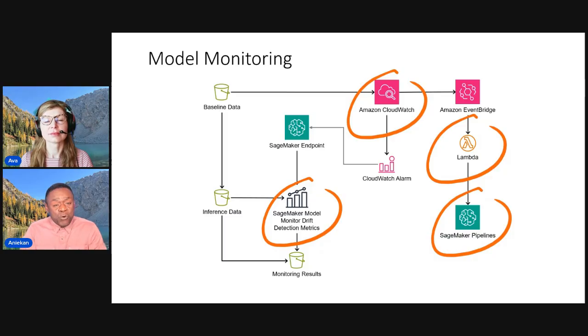And for more stable problem domains, retrain less often, weekly or monthly or even longer. And you can also let your monitoring metrics guide you. You've instrumented drift alarms in CloudWatch, and then you retrain on demand whenever thresholds are breached. That's right. And then we also have some cases where the schedule might be driven by compliance regulations, right, Aniakan? Yeah, that's a great point, Ava.